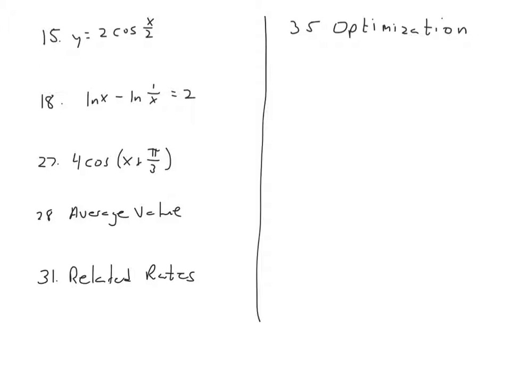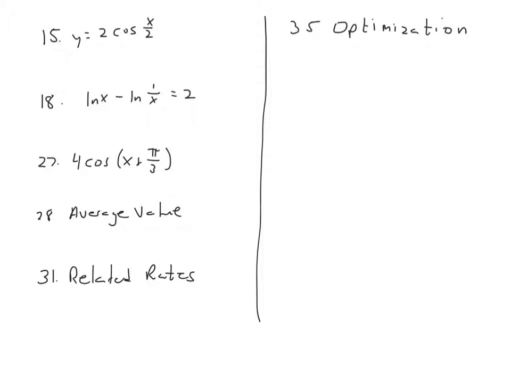Keep in mind, you don't need to do a product rule on this one. I wouldn't, because you can just use the fact that the derivative of a constant times a function is equal to the constant times the derivative of that function. So you can just work with that from there.